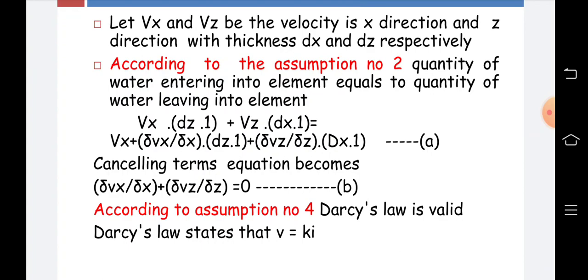How to solve it? Either you solve the whole equation, but 99% of books directly write down this equation, okay.